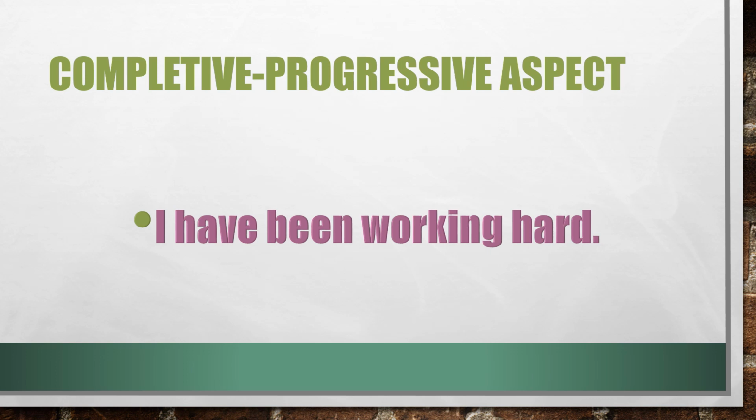Such sentences are present perfect continuous, past perfect continuous, future perfect continuous. All these tenses have the completive progressive aspect because they have the meanings of both the completion of the event and the continuity of the event.